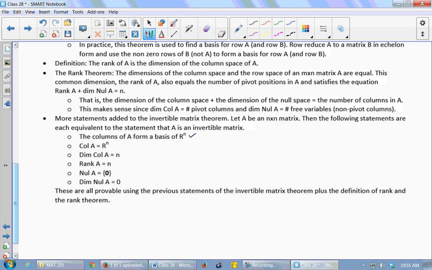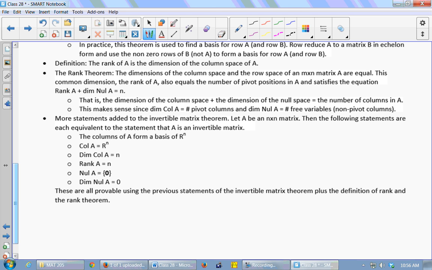The dimension of the column space of A is n. That's because all the columns of A span Rn and are linearly independent, so all of them form the basis. It takes all of them to form the basis. So if all of the columns are the basis and there are n of them, that's the dimension.